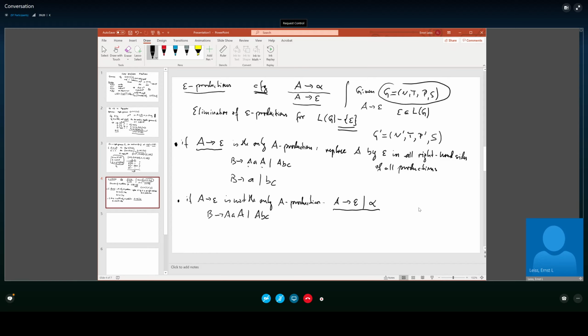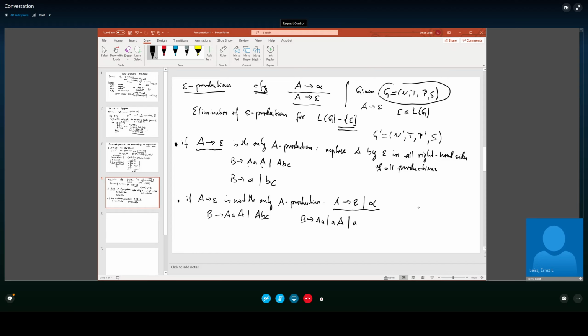So in that case, if we replace the A by epsilon, then we have B goes to A. If we replace the second A by epsilon, or, little a, capital A, if we replace the first A by epsilon, or both.